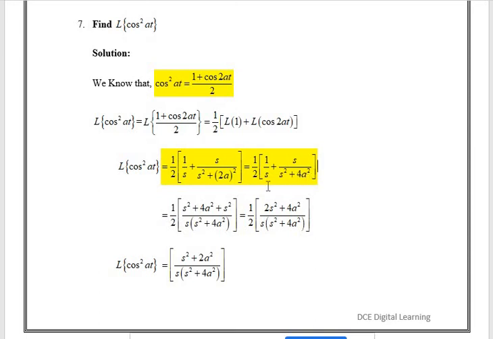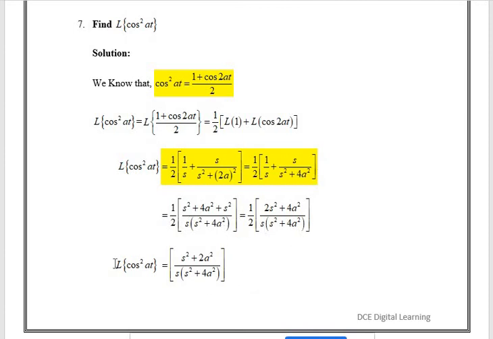Now take the LCM and simplify. So half into s square plus 4a square plus s square by s into s square plus 4a square. Further simplifying this, we get half into 2s square plus 4a square by s into s square plus 4a square.